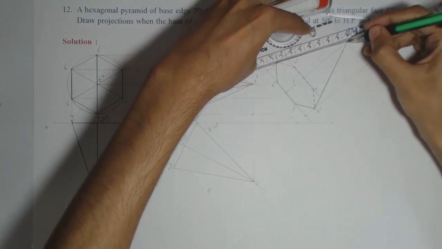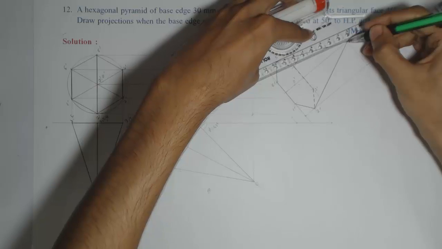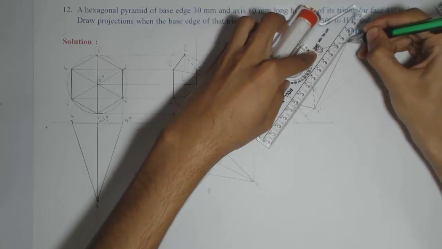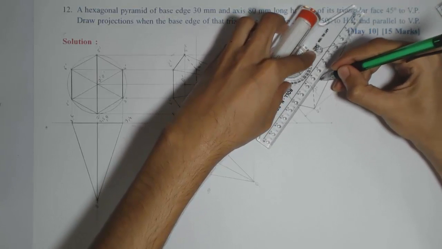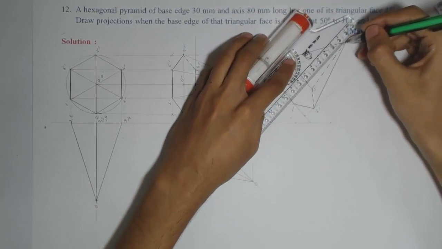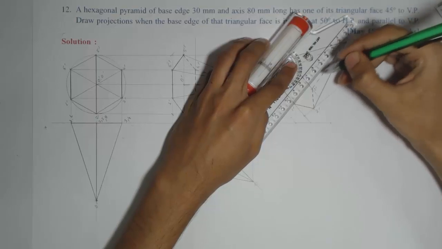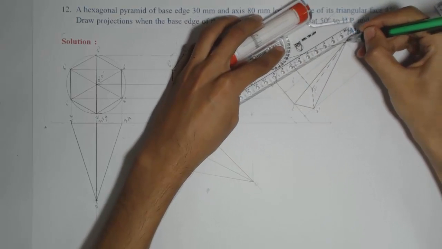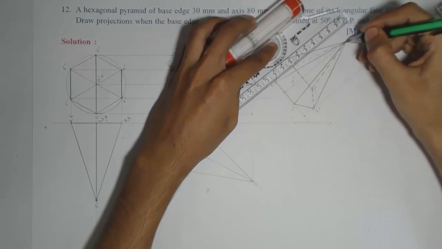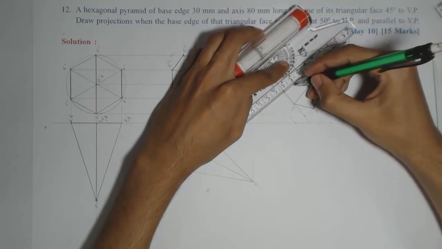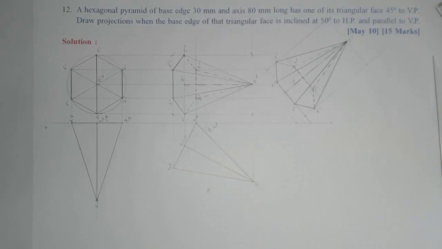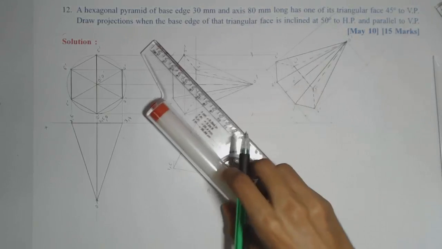Again 3 dash, o dash and 4 dash, o dash dotted. And then 1 dash 6 dash, 1 dash o dash, 6 dash o dash dark. And last thing is axis, long dash short dash. Okay. Now after redrawing this, we'll complete the final top view.